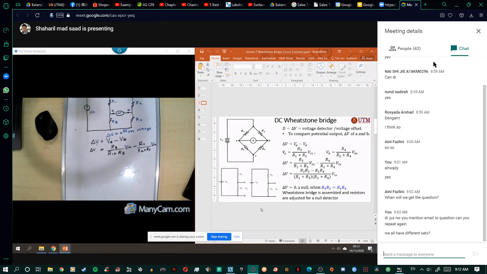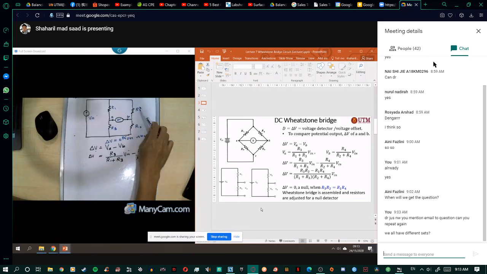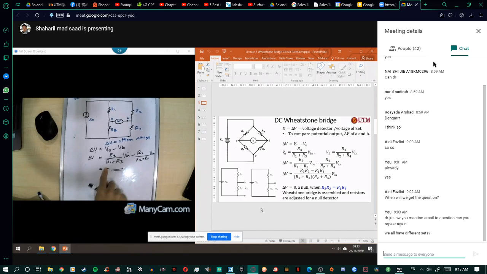So that means it depends on your V in, and also the resistors R1, R2, R3, and R4. When you derive the equation, sometimes you will get the voltage negative, so it doesn't matter, because sometimes you can take VB minus VA.